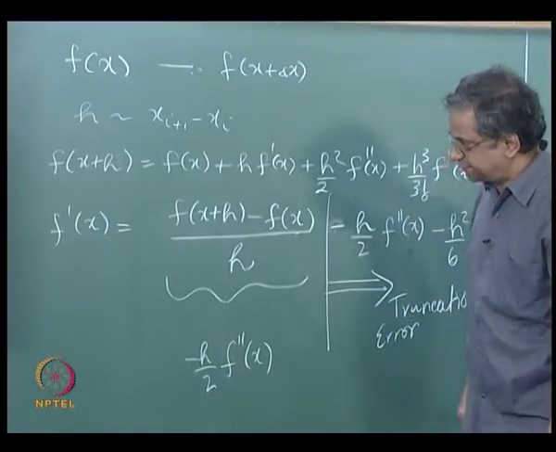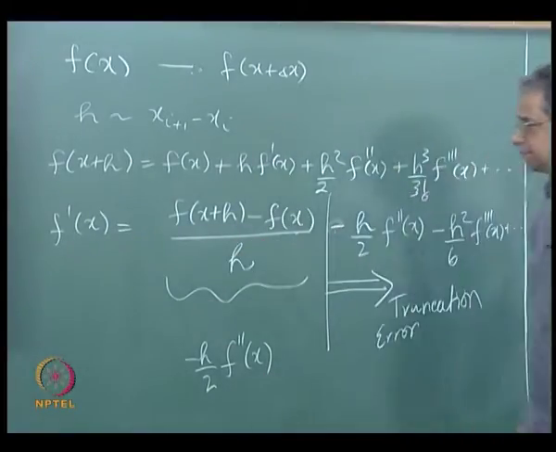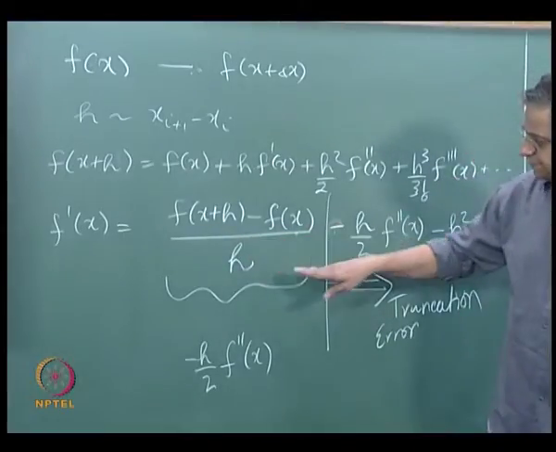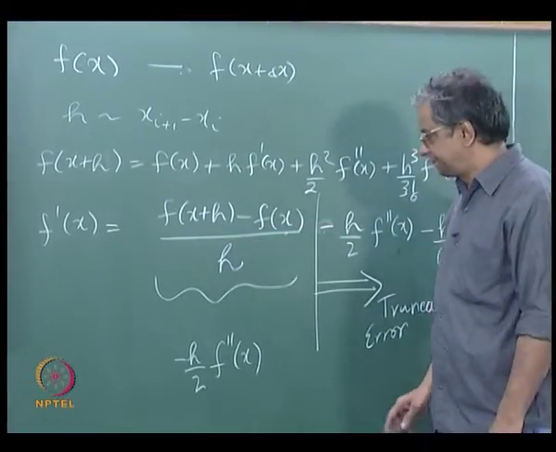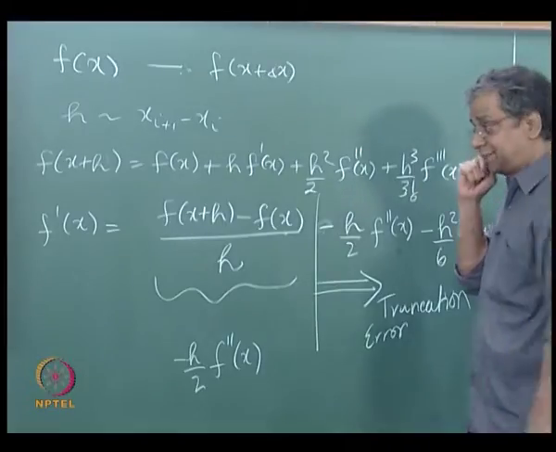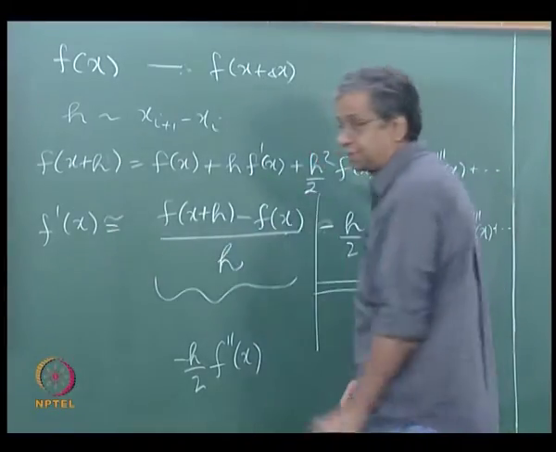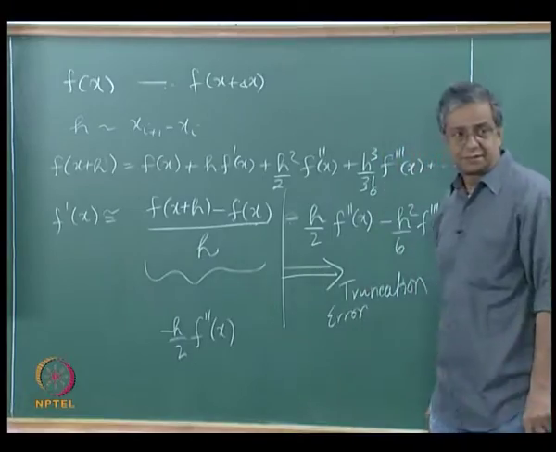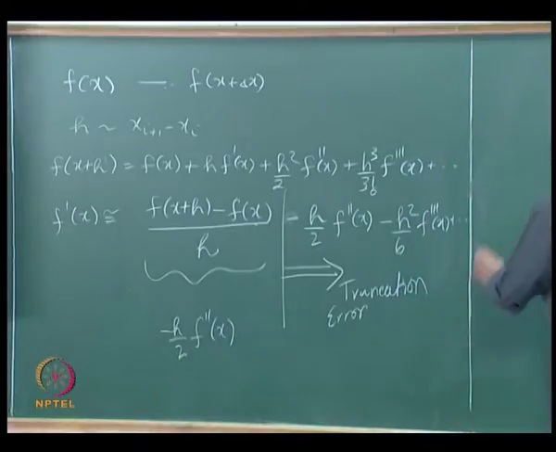The representation that we have for the derivative f prime of x is f of x plus h minus f of x divided by h. If I am going to truncate it, then it is really more of an approximation rather than being exact.